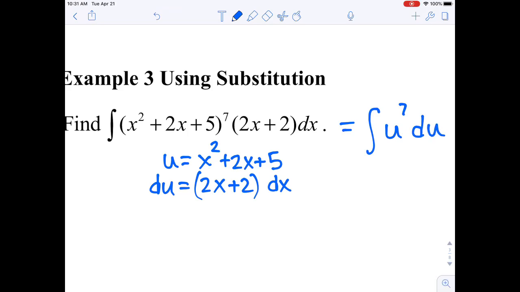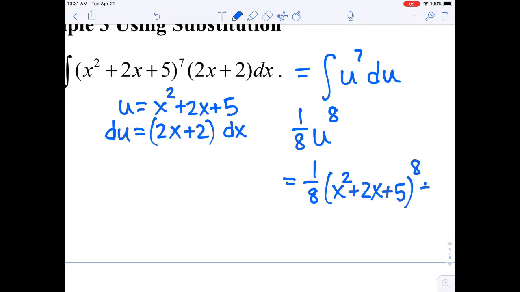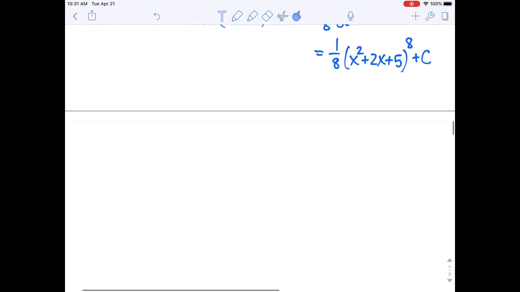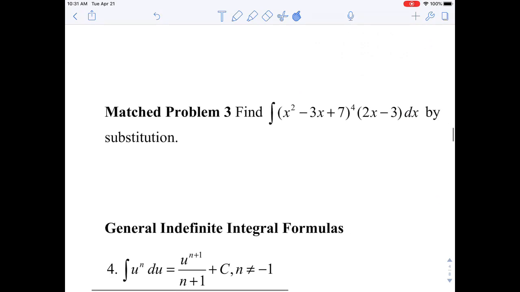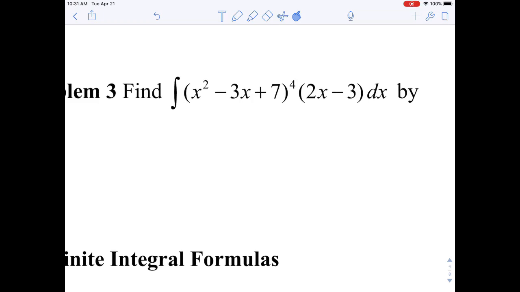And du represents everything else that's in there. Then I can antidifferentiate and substitute back in. So this is actually 1/8 (x squared plus 2x plus 5) to the 8th plus c. And again, the more practice you do with these, the better you get. So go ahead and try the very basic one here.